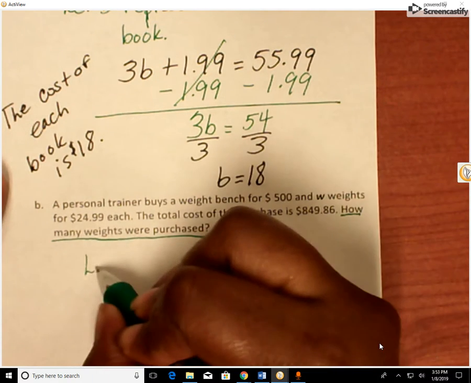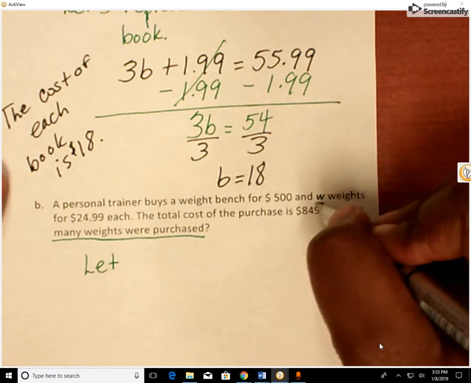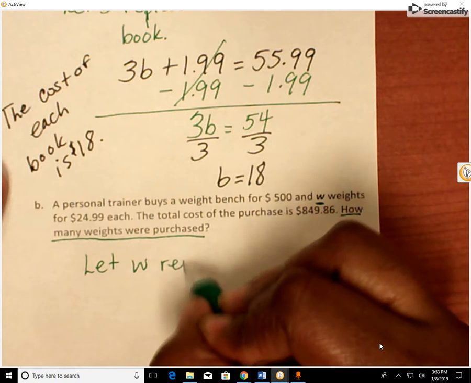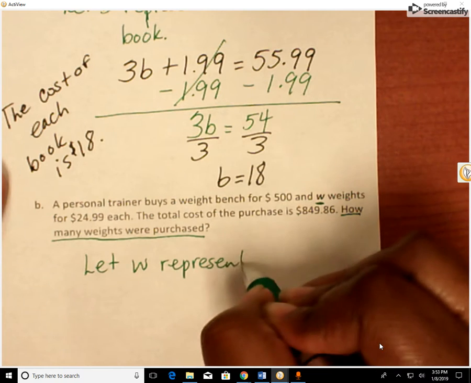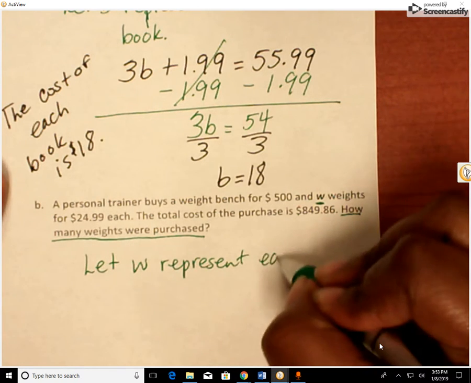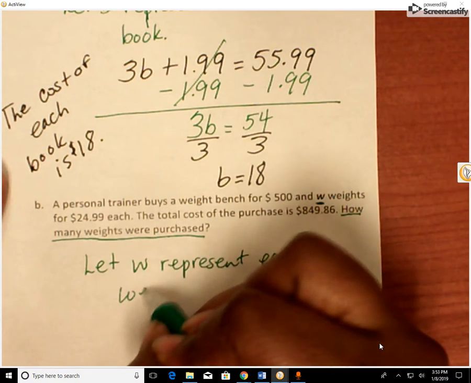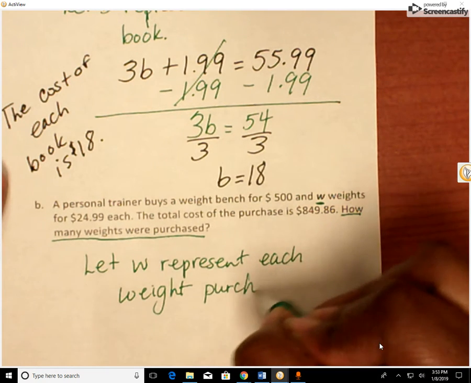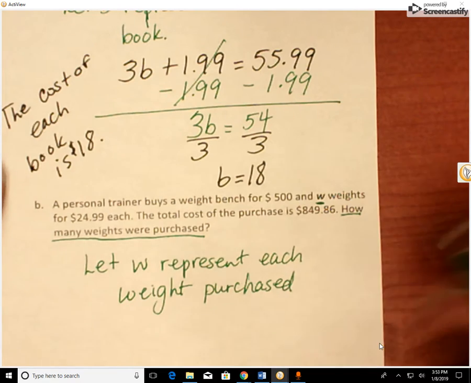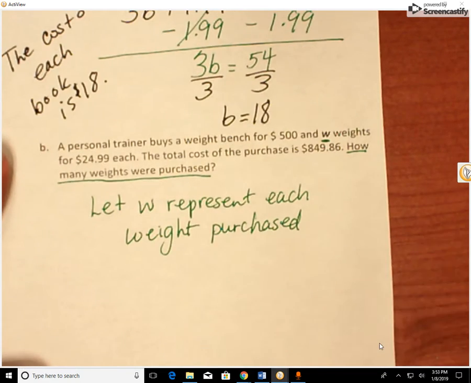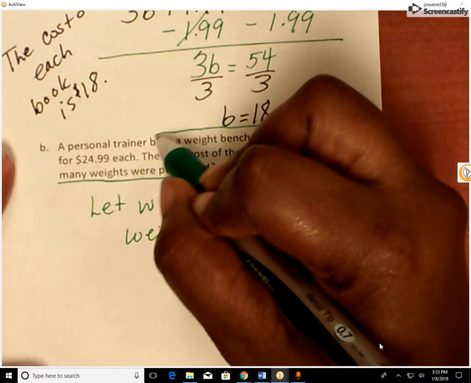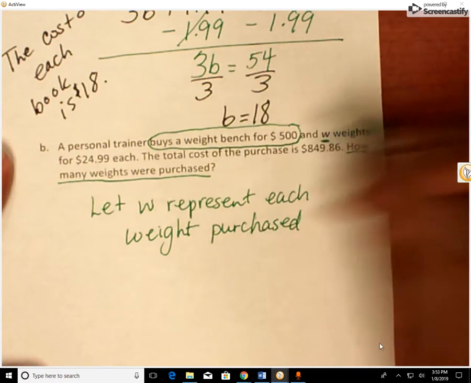So we're going to use that W they used up here. Let W represent each weight purchase. Now we need to know what all the personal trainer bought. He buys a weight bench for $500.